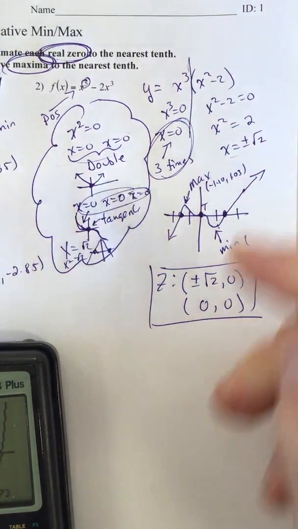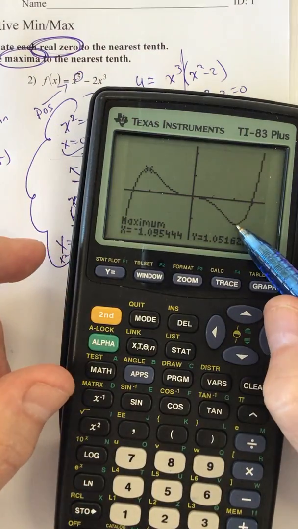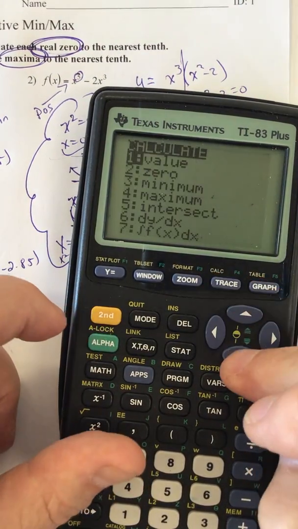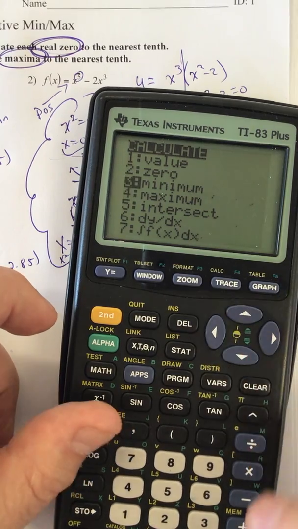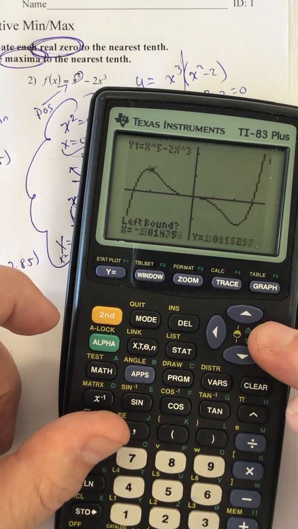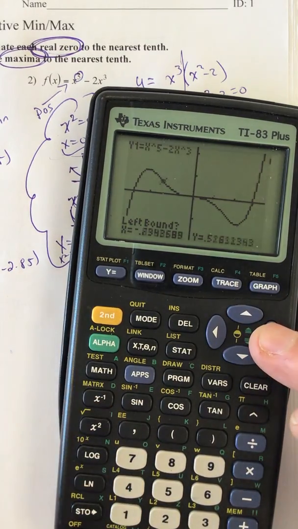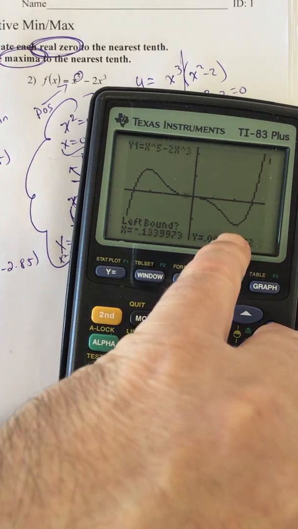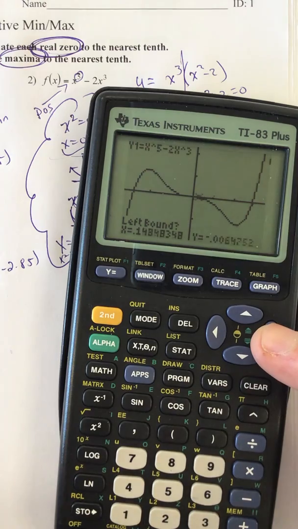And then the minimum, I'll do it in the exact same way. I need that one right there. This looks very symmetric to me. I wouldn't be surprised if that's the same digits, only the other way around. So I'm just moving over to the left of this one. That's already to the left. I could hit enter anywhere.